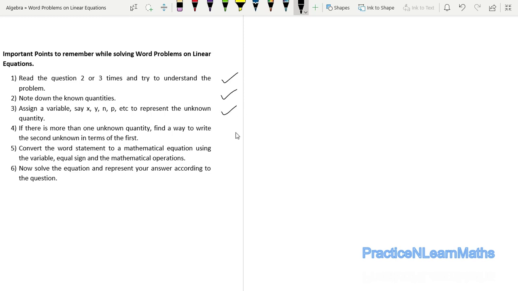Step 4, if there is more than one unknown quantity, find a way to write the second unknown in terms of the first. Step 5. Convert the word statement to a mathematical equation using the variable, equal sign and the mathematical operations. Last step. Now solve the equation and represent your answer according to the question.